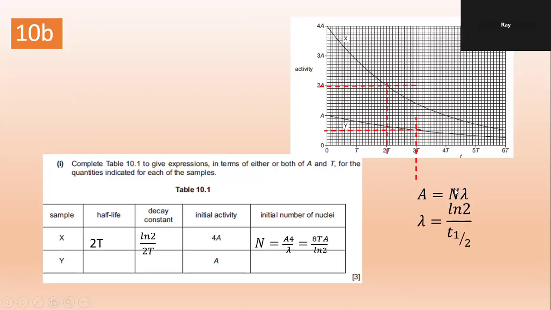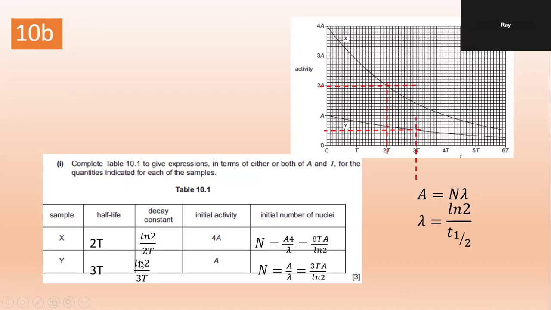You want N is A over lambda. A in this case is 4A. Then lambda, that's a lambda. Substitute inside here, that's why you get your 8AT over ln 2. And this is 3T half-life. Decay constant, ln 2 over 3T.